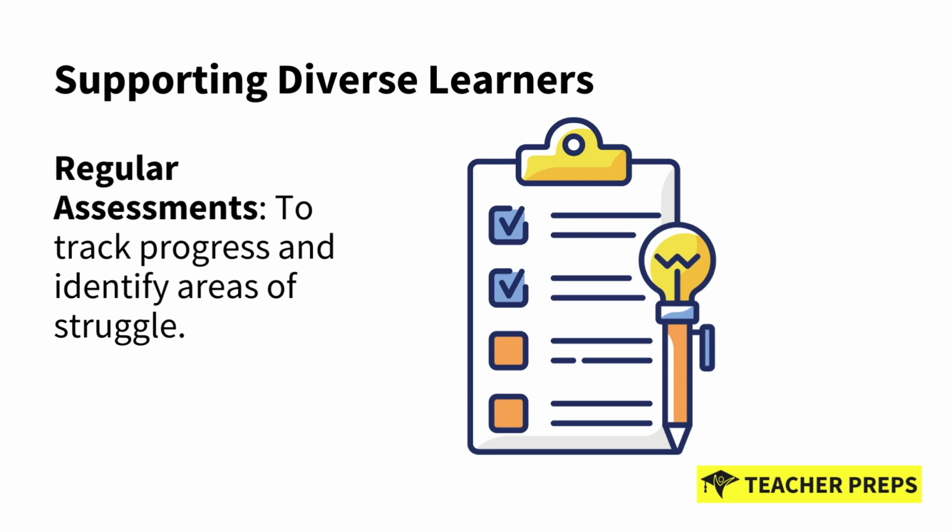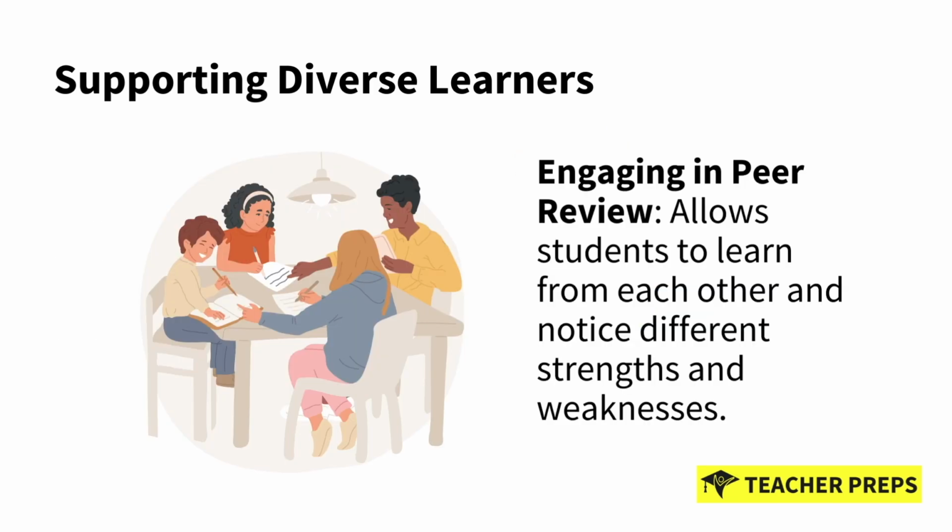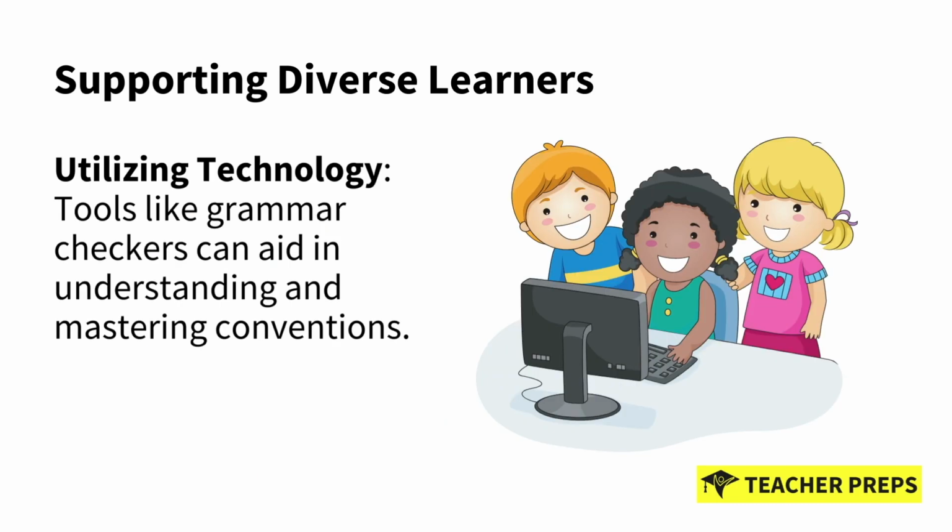To track progress and to identify areas of struggle, we regularly assess our students to check how they're doing. Engaging in peer review. This allows students to learn from each other and notice different strengths and weaknesses between peers. Now we have utilizing technology, and this is when we use tools like grammar checkers that can aid in understanding and help our students master the conventions.